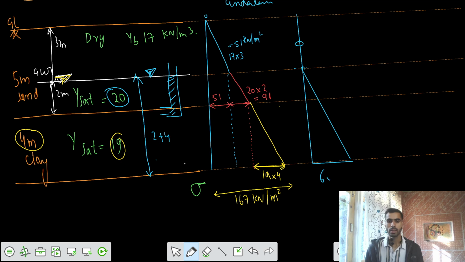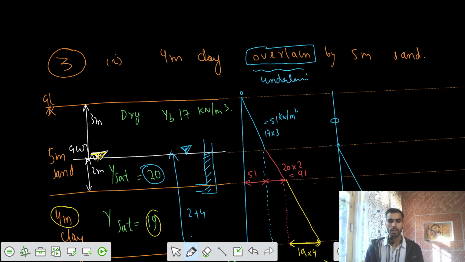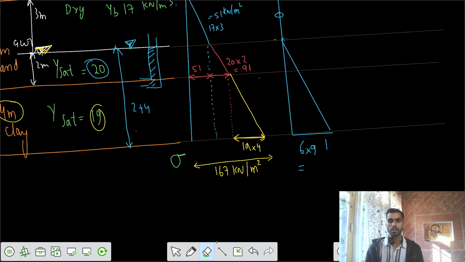So we can write 6 into gamma w. Let's substitute the value of gamma w as 10 kilonewton per meter cube. So finally I can write this as 60 kilonewton per meter square.